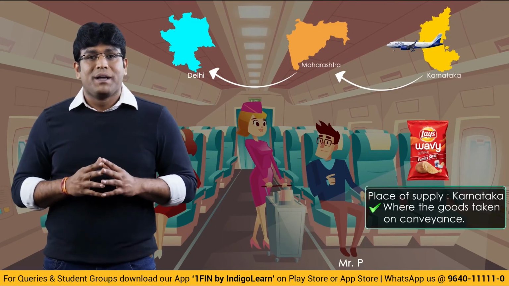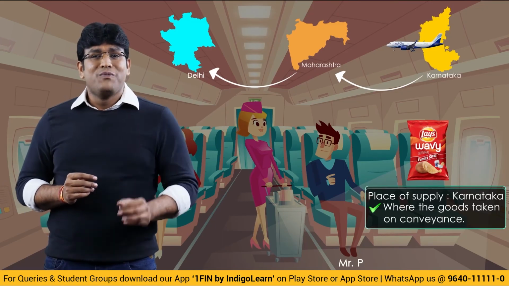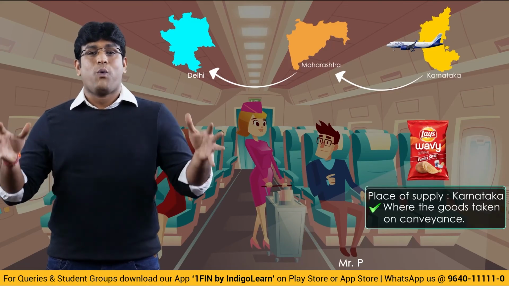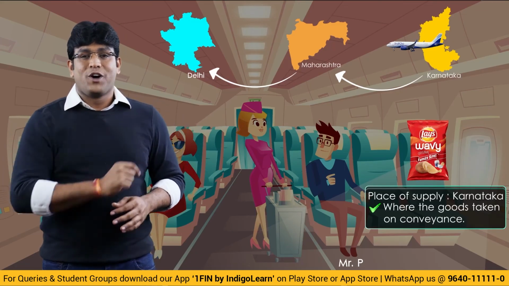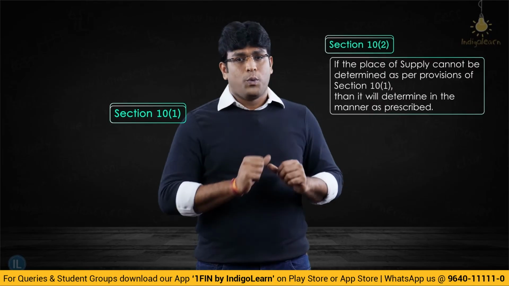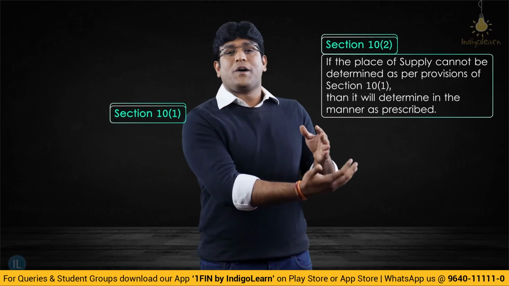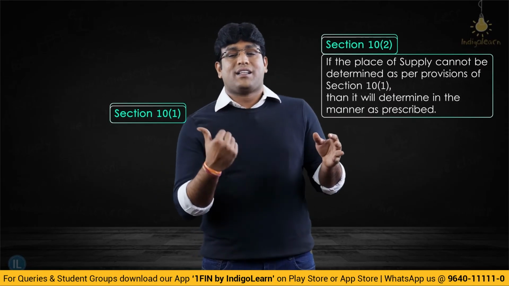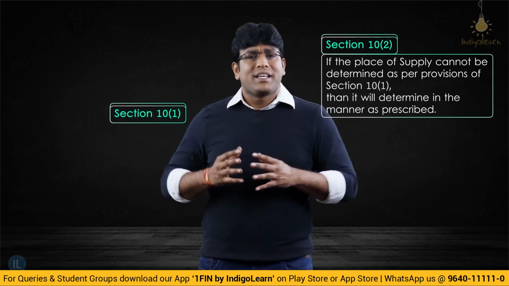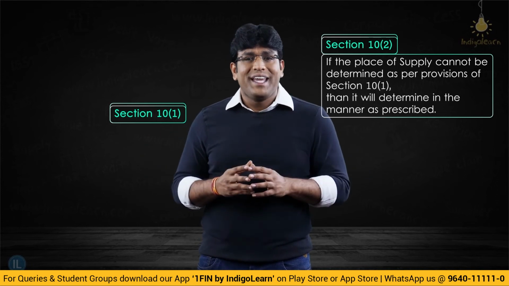So place of supply will become Karnataka only. Very, very interesting point. That is the story of section 10.1e, and that is the end of discussion for section 10. And as I told you, section 10 is divided into 10.1, 10.2. 10.2 says if place of supply cannot be determined under section 10.1, it is determined in such manner as may be prescribed. So they will prescribe, don't worry.